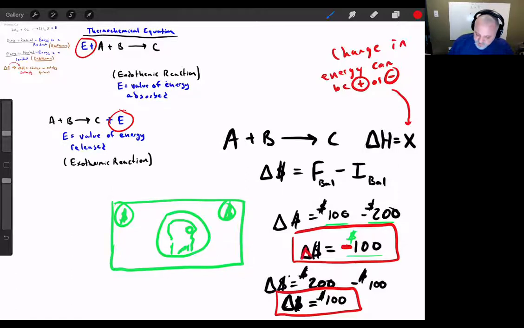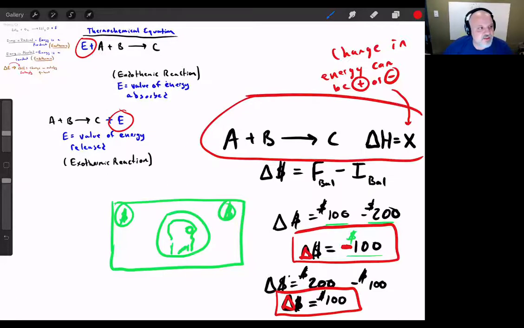This is what I'm illustrating: why a change can be both positive or negative. In both cases, it's a $100 difference. In the first case, we took out $100. In the second case, we added $100. What I just illustrated was analogous to this particular type of reaction.